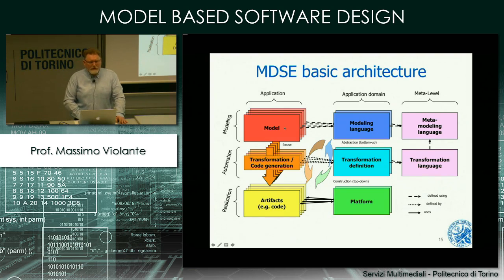We have built a model, and now we know that that model contains a reasonably accurate description of what our system shall do. Then, according to model-driven software engineering architecture, we can follow the path towards the bottom of the slide.